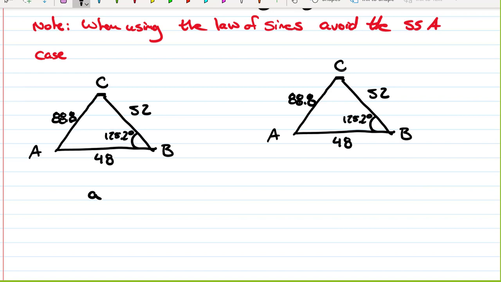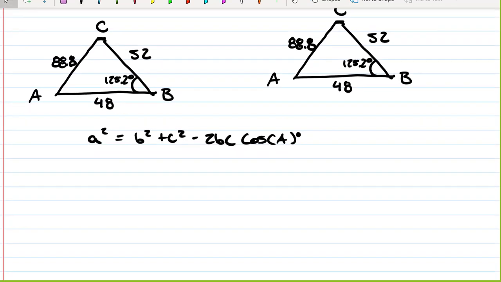So if I want A, I would have a squared is equal to b squared plus c squared minus 2bc times the cosine of A. And with the law of cosines, we will never have the ambiguous case. So we're trying to find angle A this time, because we don't know angle A, but we do know side A.